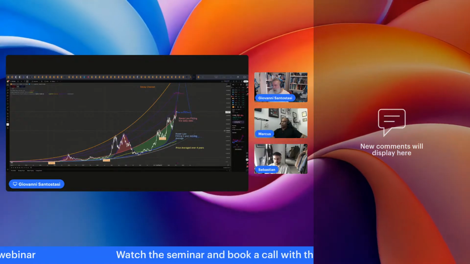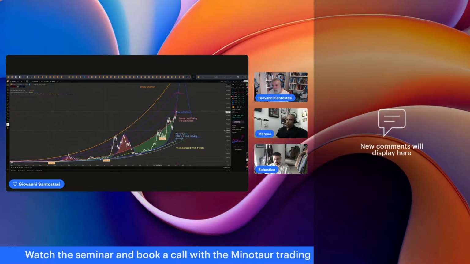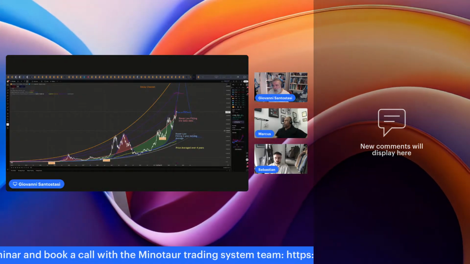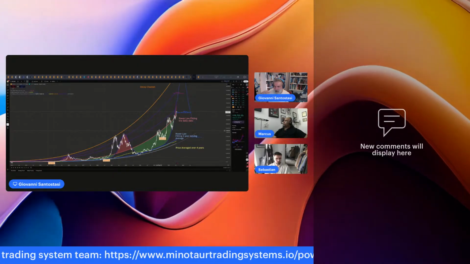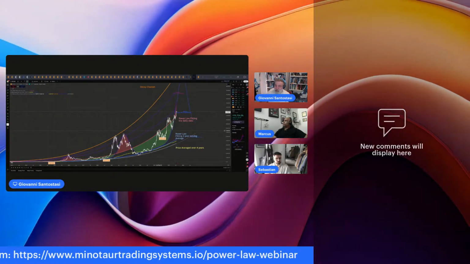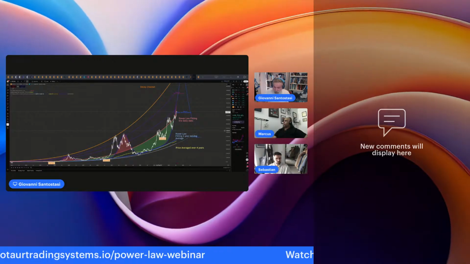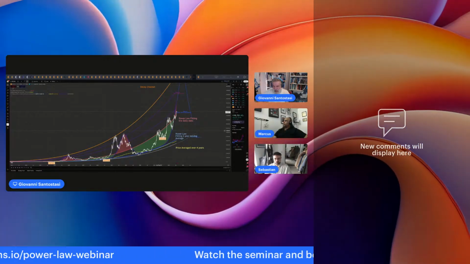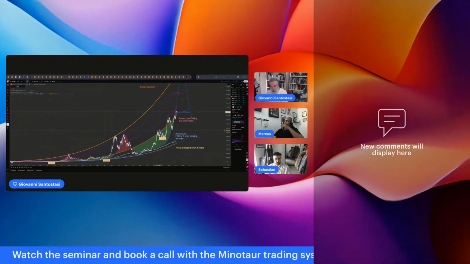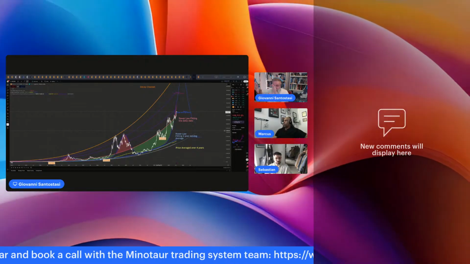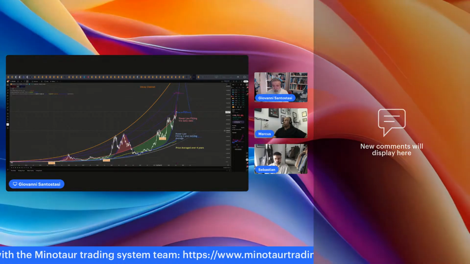Just to give you an idea, if you double the time, 2 to the 6 is 64, right? That is crazy. If you triple the time, that is 729. Sorry, the time, not the price. The time that Bitcoin existed, if you go from 16 to 32 years, then you get 65 times more in price.